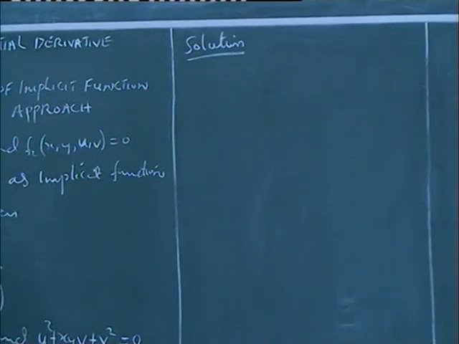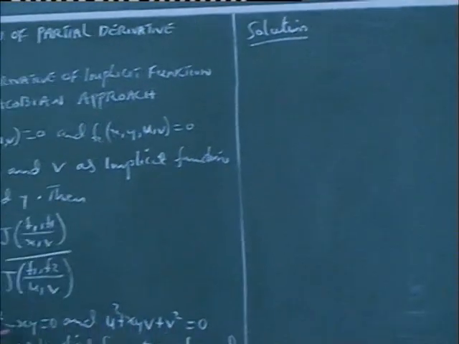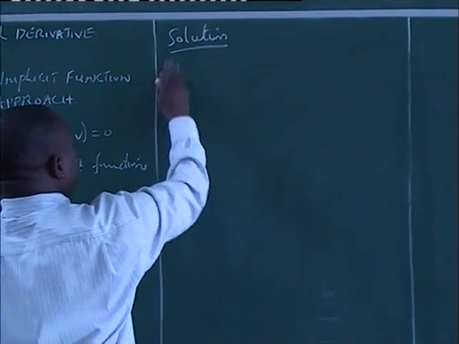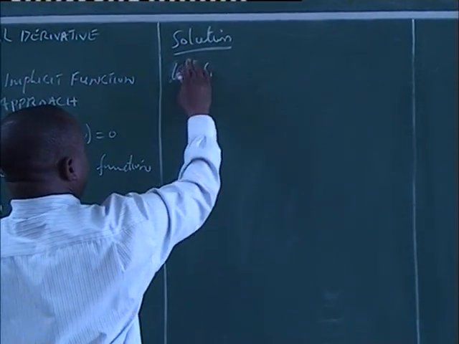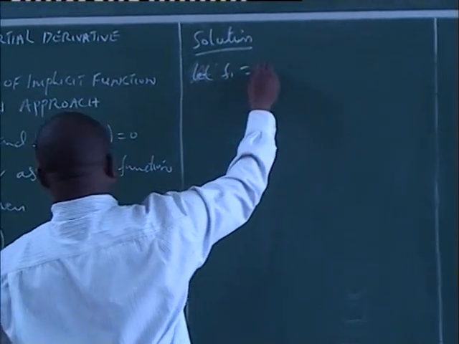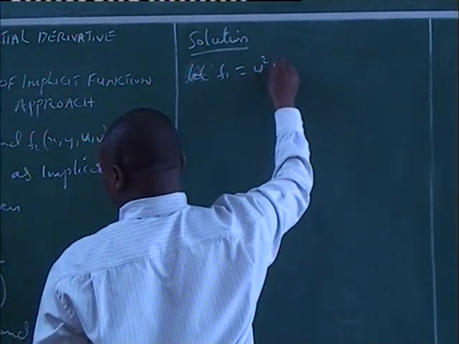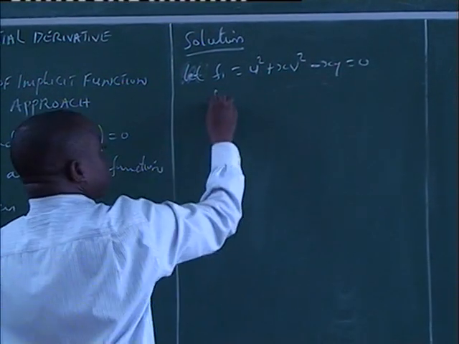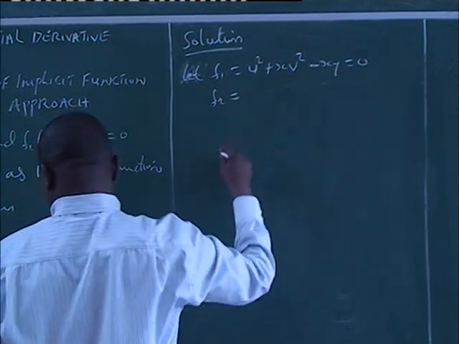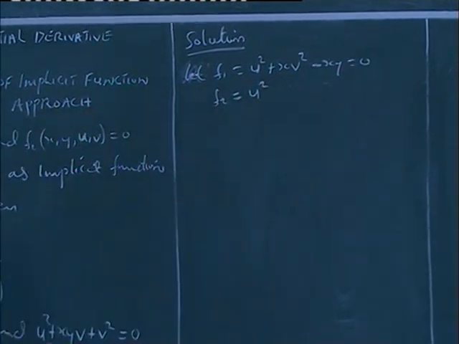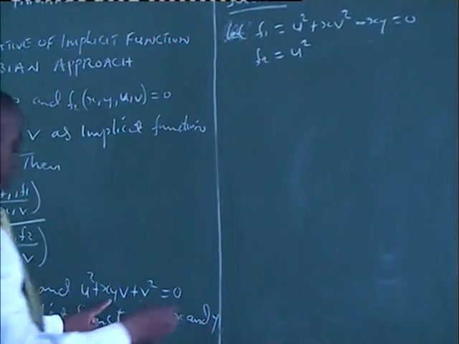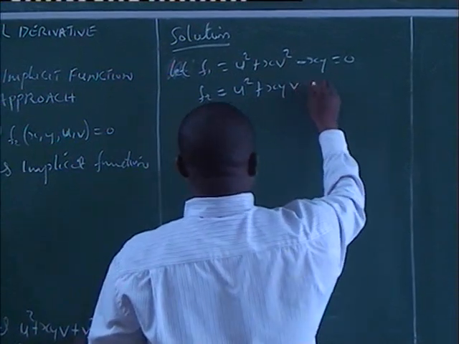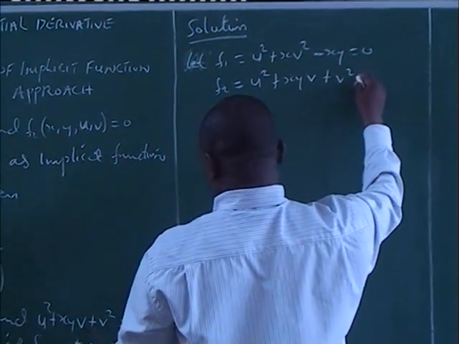Now u squared plus x v squared minus xy equals 0. Let f1 equal u squared plus x v squared minus xy equals 0. Then f2 will be equal u squared plus xy v plus v squared.